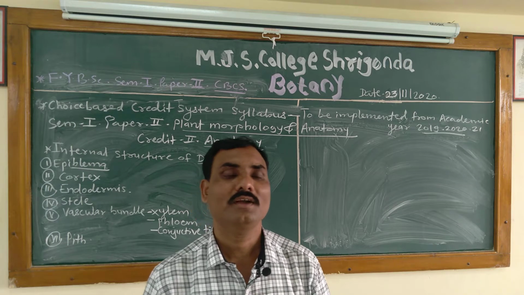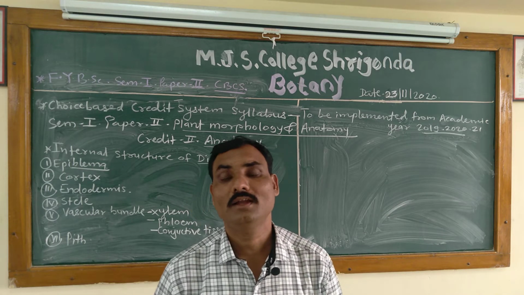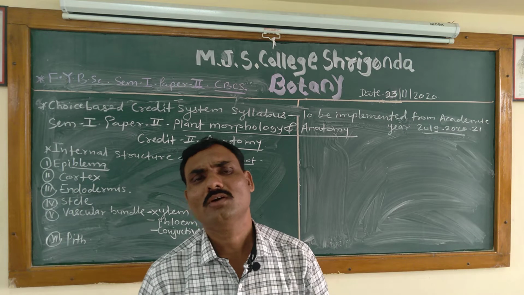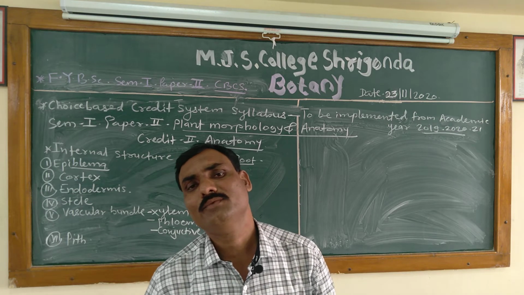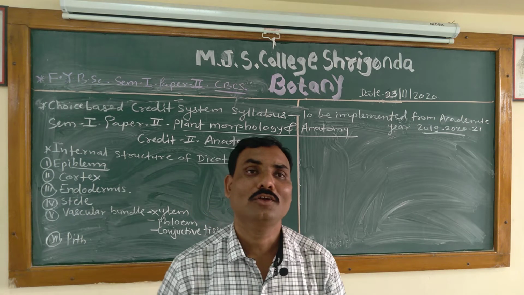In the last video we discussed some points about the FYBSc paper number 2, that is plant morphology and anatomy. In that paper we have completed the first credit, and in the second credit we have started anatomy.